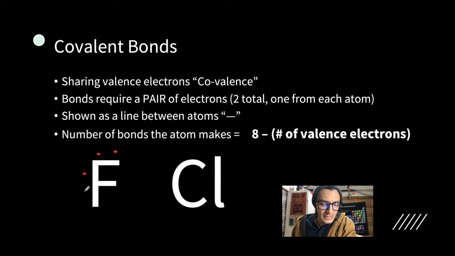And again, as I've said, this is going to be an entire other video on how to do Lewis dot diagrams for covalent bonds. But what I'll just do right now is give a basic outline of how it works. I'm drawing all 7 valence electrons around these 2 atoms.